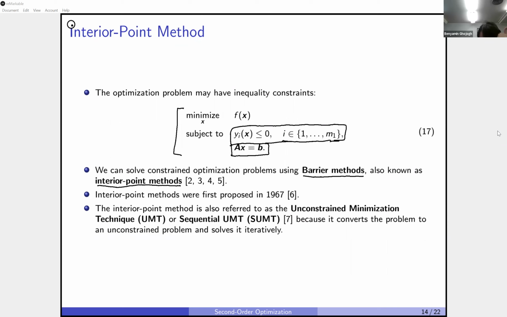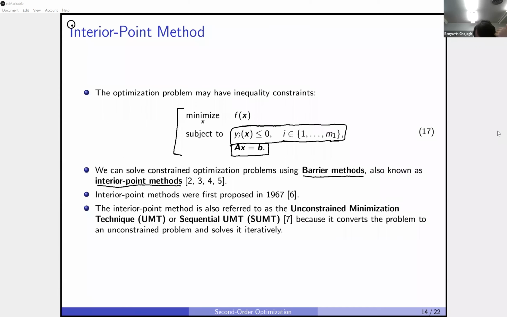They're very interesting. Many optimization toolboxes use barrier methods or interior point methods. I can say these are the default optimization methods in today's optimization toolboxes.